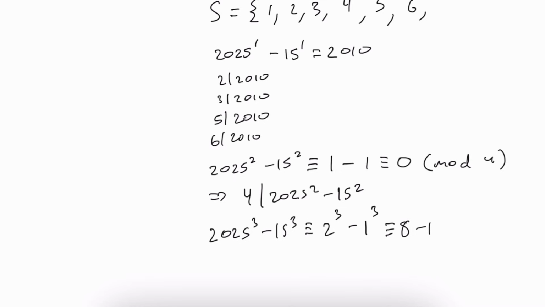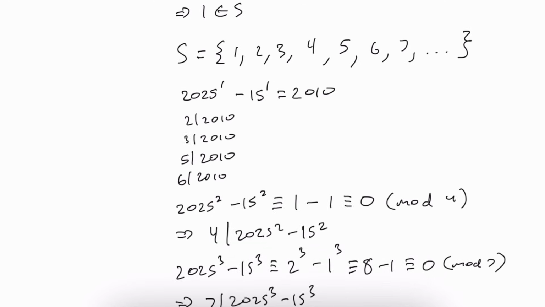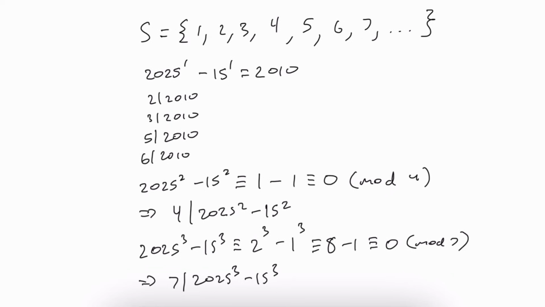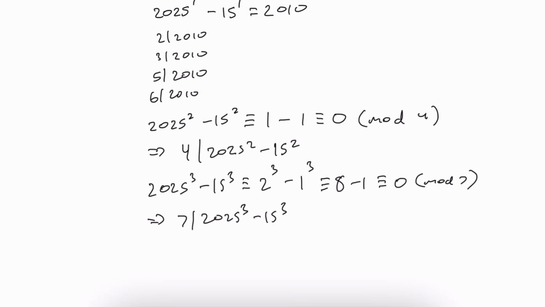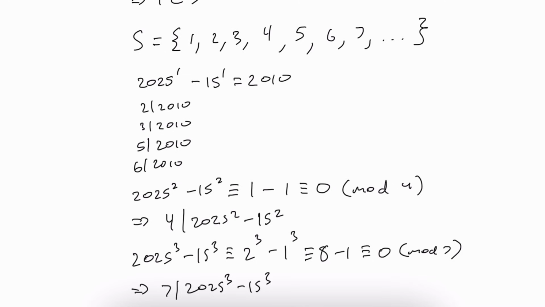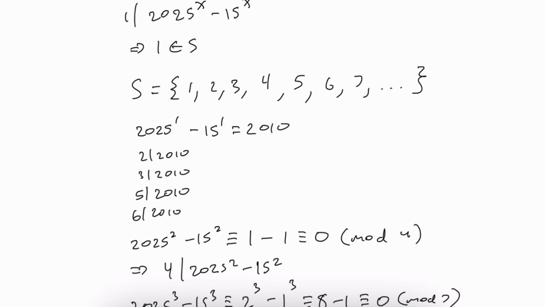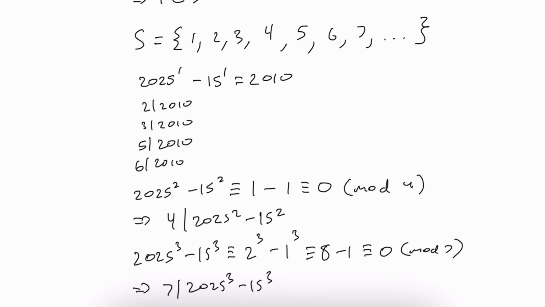So that's 8 minus 1, which is congruent to 0 mod 7. Right, so that means 7 divides 2025 cubed minus 15 cubed. So 7 is also in S. And I guess you could keep going and try out different numbers and see if they also are in S. But at this point, I think it's reasonable to assume that maybe S indeed does contain all of the positive integers.